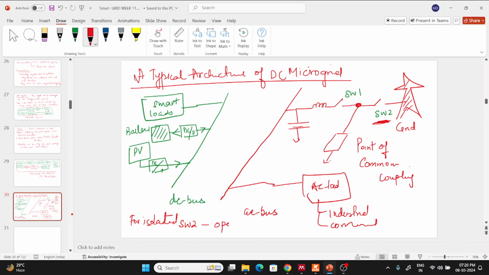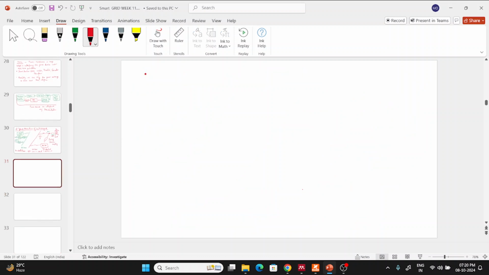SW2 open and switch 1 is closed. Then only it will work like that. Okay. So basically, a DC microgrid can operate in three modes.